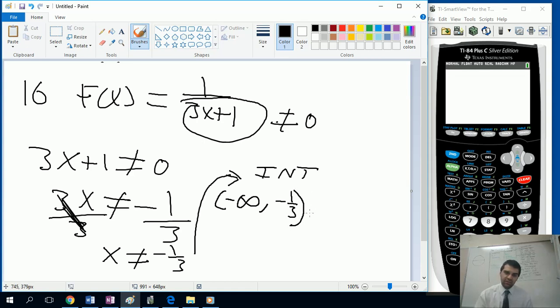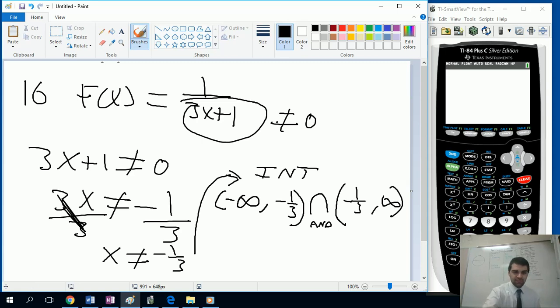So you're going to have an intersection, and negative 1/3 to infinity. I'm going to do a quick Google search actually, because I want to make sure I use the correct notation here.